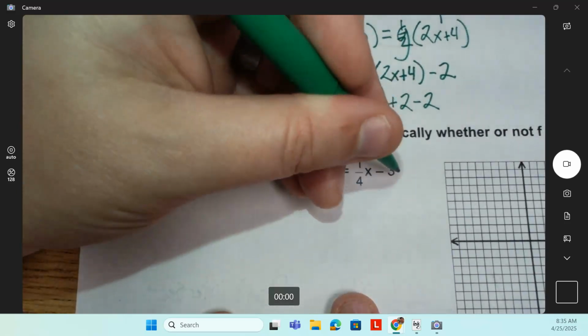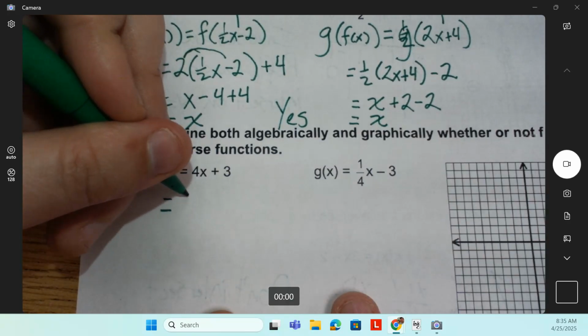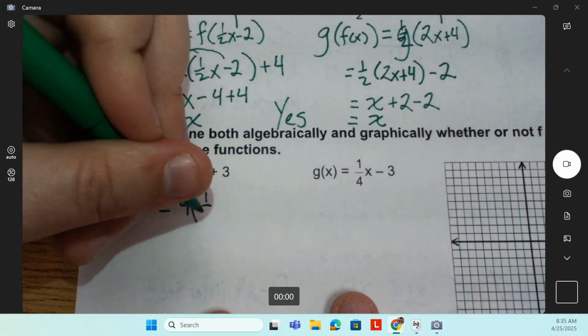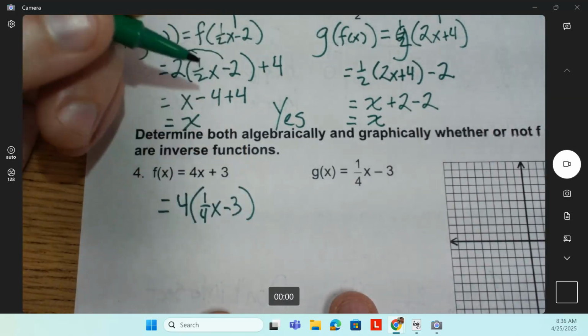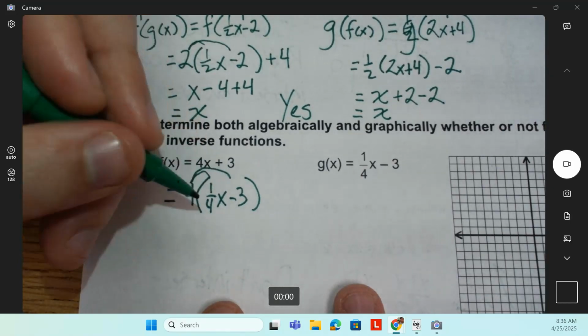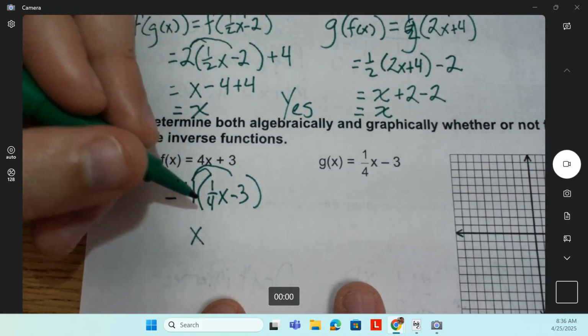So again, we're taking this and putting it in for x. So 4 times 1/4 x minus 3. Distribute this. I get 4 times 1/4 gives me x.